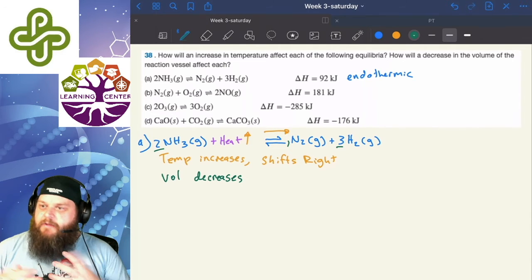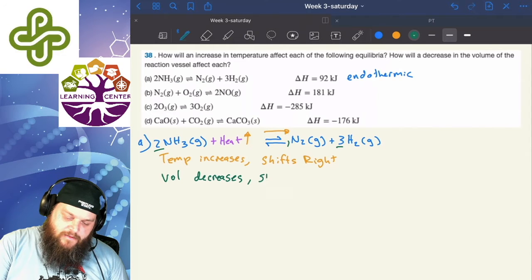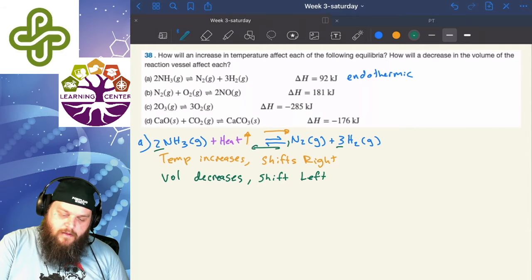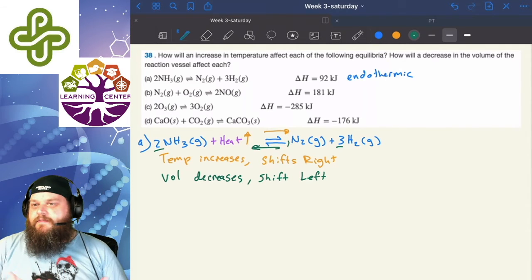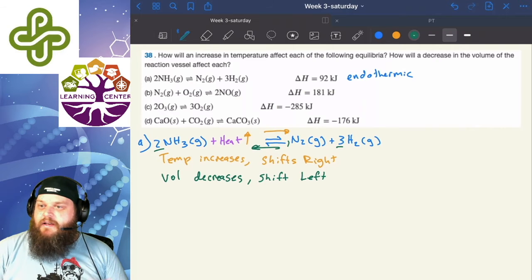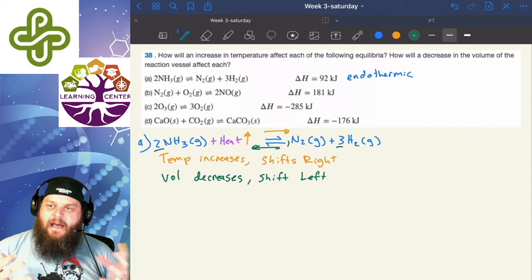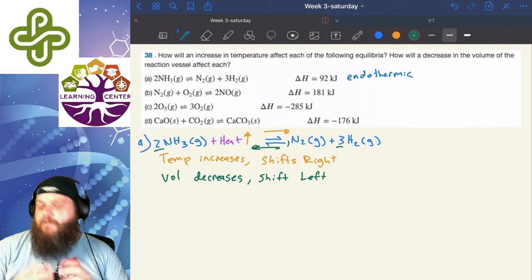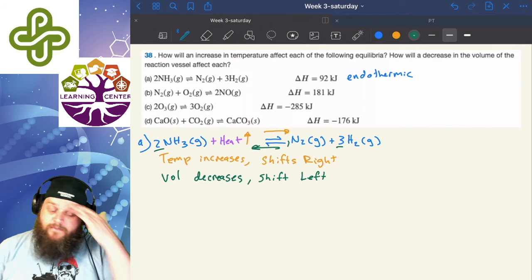So by decreasing the volume, we're going to shift to the left towards the side with less moles, especially because they're all gas. If it's a liquid or a solid, that doesn't apply anymore. But as long as it's a gas, the gas prefers to have less moles to fill that space because then there's less pressure involved.